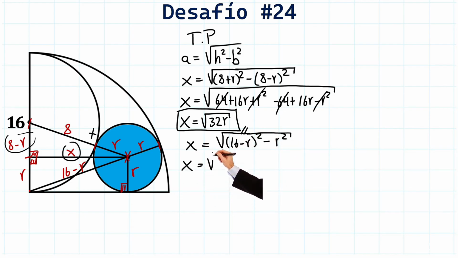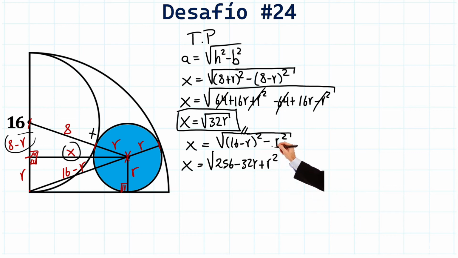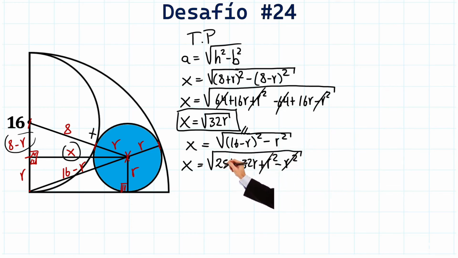We have x equals the square root of 16 squared, which is 256. Then we have the double product of the first term by the second, which gives us 32r, and plus the second term squared, which is r squared, and minus this r squared. And notice once again r squared cancels with r squared, leaving us with 256 minus 32r. Let's note that here, x is equal to the square root of 256 minus 32r.